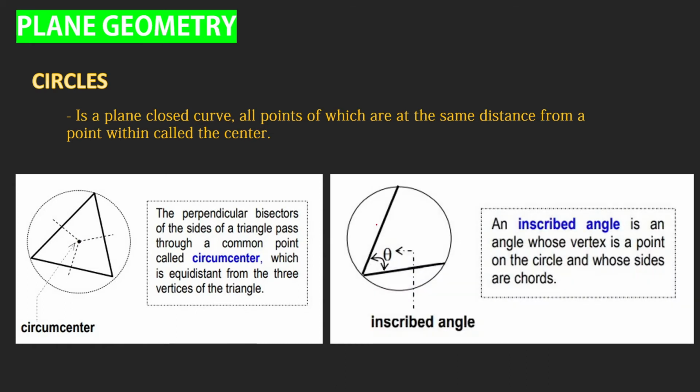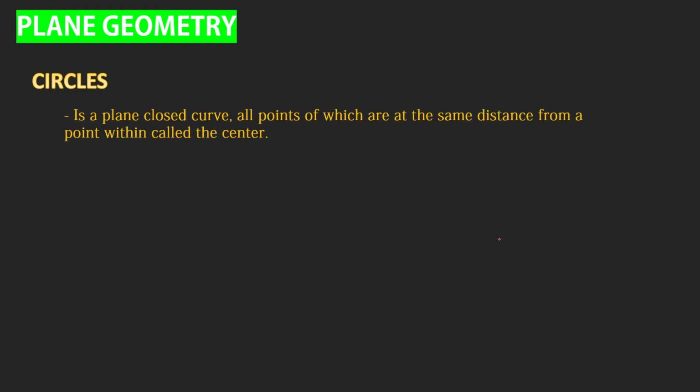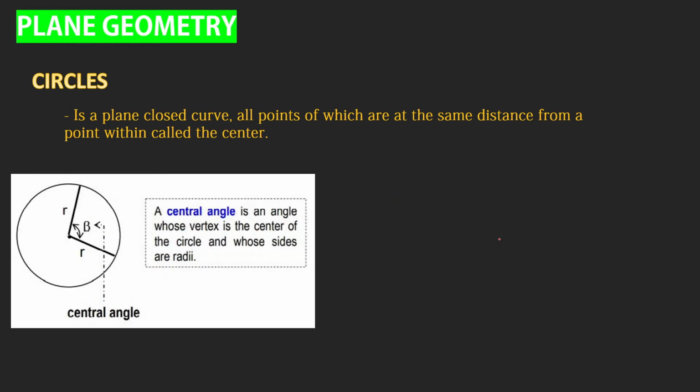Next, the inscribed angle. An inscribed angle is an angle whose vertex is a point on the circle and whose sides are chords. Ito po yung mga chords natin. And the largest chord, or the longest chord ng isang circle, is the diameter. Then, a central angle is an angle whose vertex is the center of the circle and whose sides are radii.